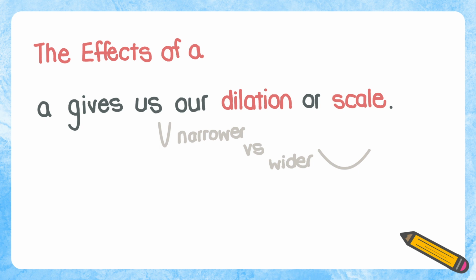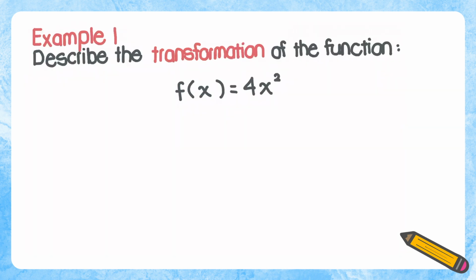Let's look at our first example. Describe the transformation of the function f of x equals 4 times x squared. First, as usual, we want to label our parameter.